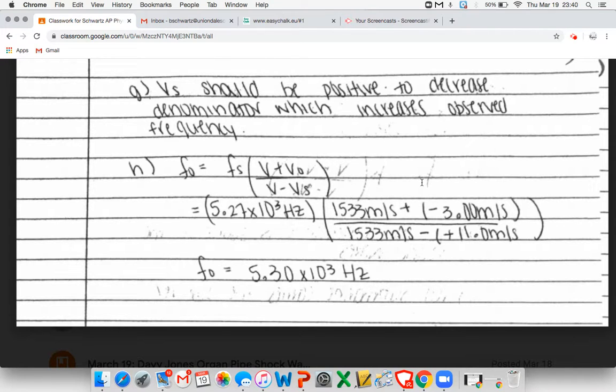And lastly, letter H, substitute the appropriate numbers and obtain the frequency observed by the crewman on the red submarine. All right, so based on everything that we talked about for A through G, using your letter A formula, plugging in the frequency they told you, using the seawater speed, and then making the velocity of the observer negative and the velocity of the source positive, you end up with an answer of 5.3 times 10 to the third hertz.